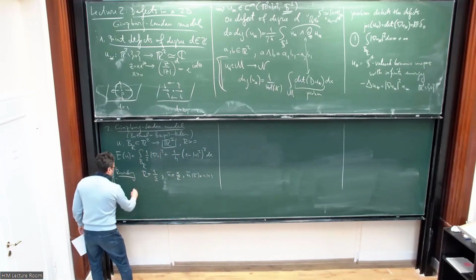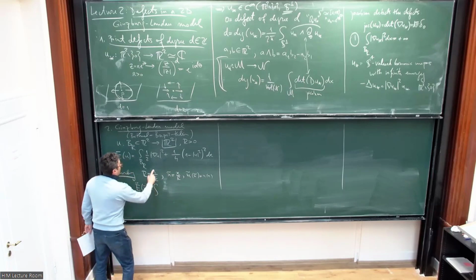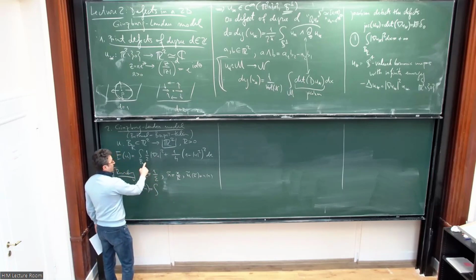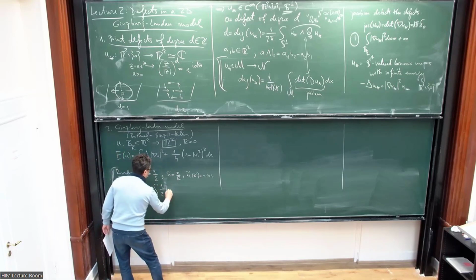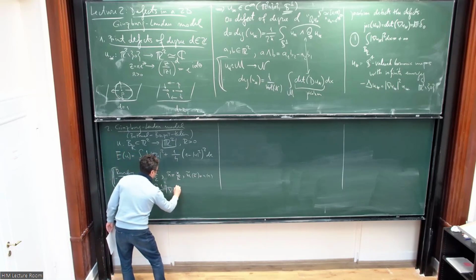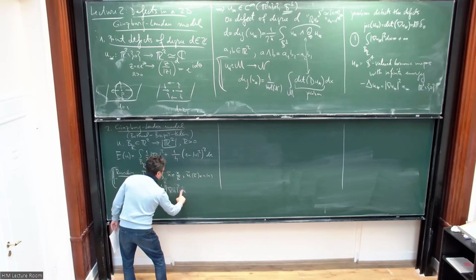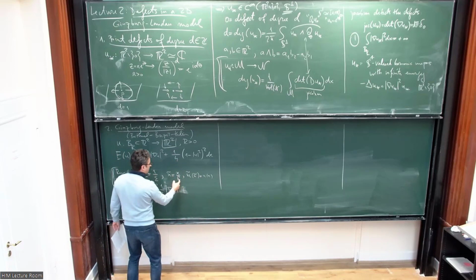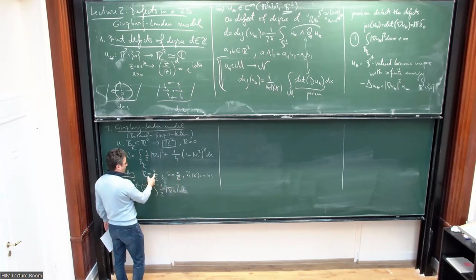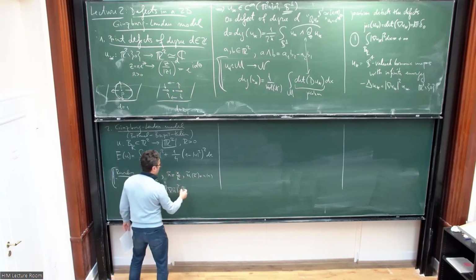Then the energy in u tilde, the H1 norm in 2D is scaling invariant, so it's the same. But what's happening is that you will have the 1/epsilon squared coming here.